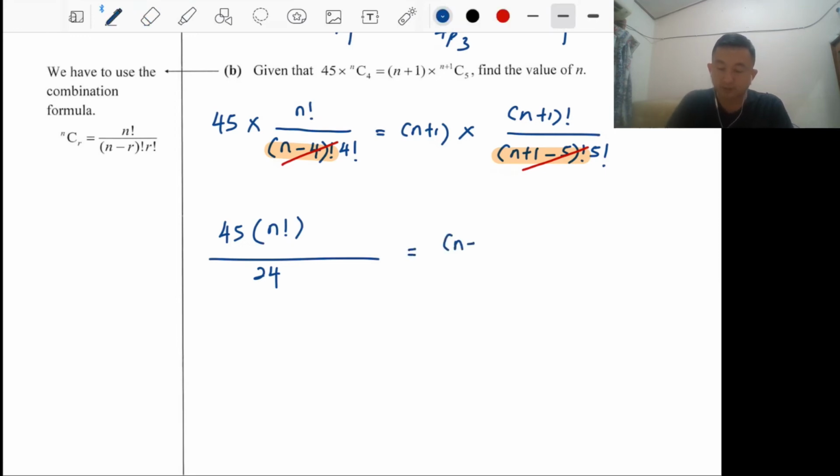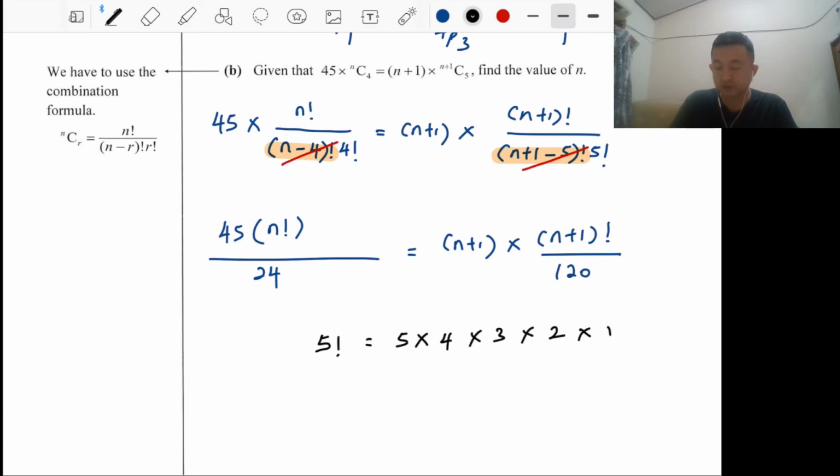Equals n plus 1 multiplied by n plus 1 factorial over 120, 5 factorial. Before we move on, I need to remind you: last time when we have 5 factorial, we can write it as 5 times 4 times 3 times 2 times 1.